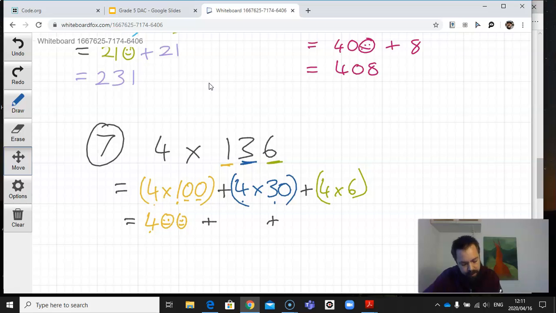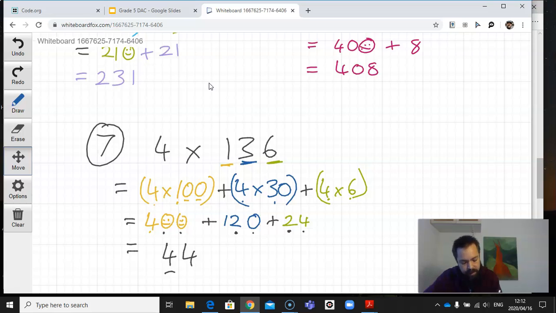Four times 30, I'm going to use the sneaky 0 again. So 4 times 3 is 12. So the answer to 4 times 30 is 120. 4 times 6, 24. Now I'm going to add those back together. So in my units, I have 4. In my tens, I have 40. So that's 4 and 2 and 2 is 4 for my tens.